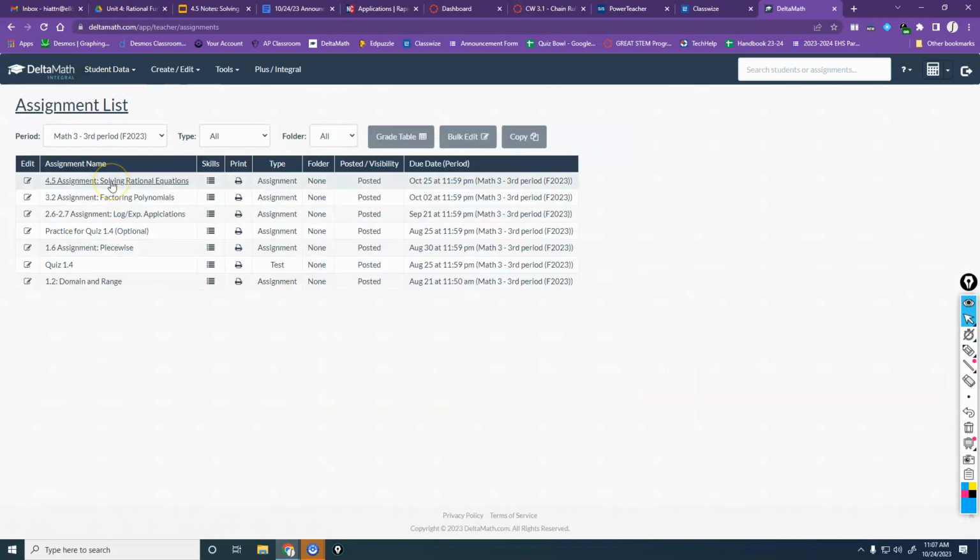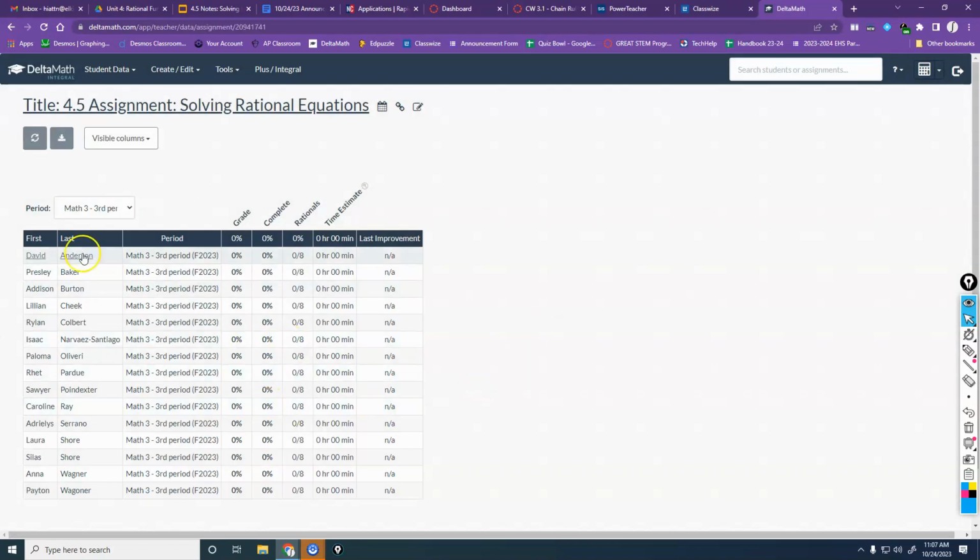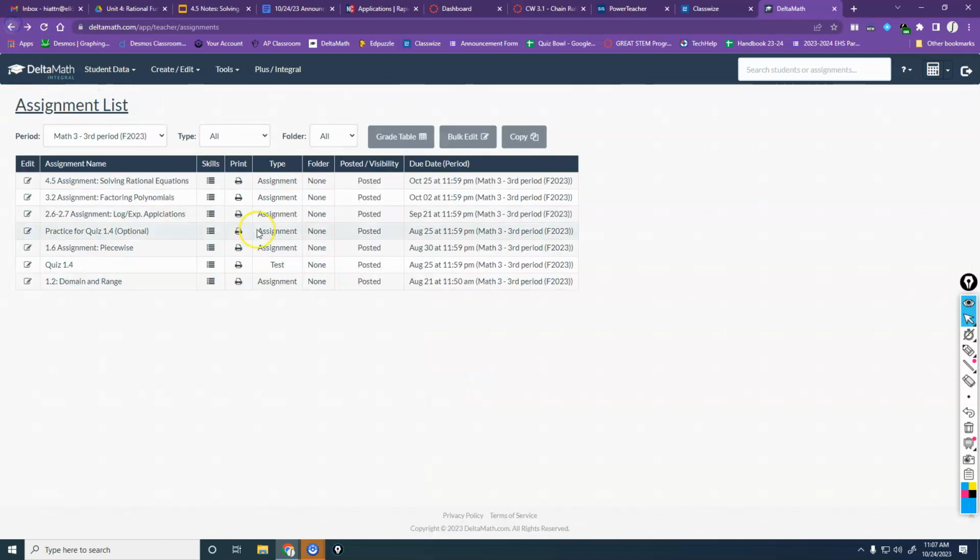All right, it's 4.5 solving rational equations. You only have to do 8. I would like for you to try to do them by hand. You're welcome to use your whiteboards. If you get desperate, if you're missing a lot of them, use Desmos. You can use Desmos to help you on these, okay?